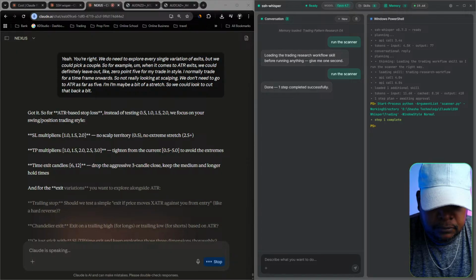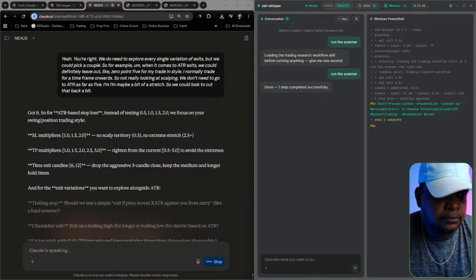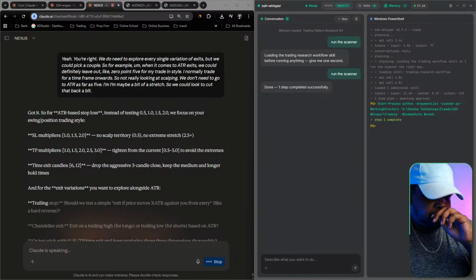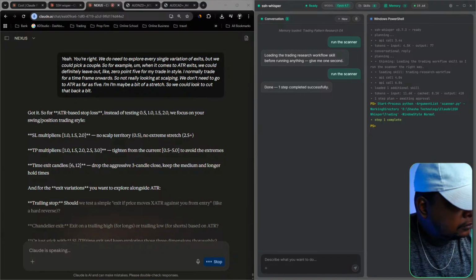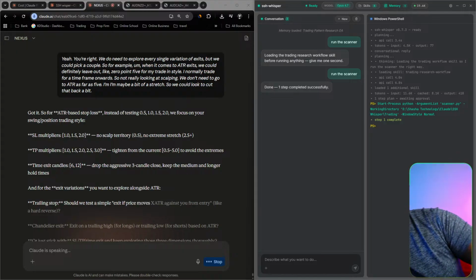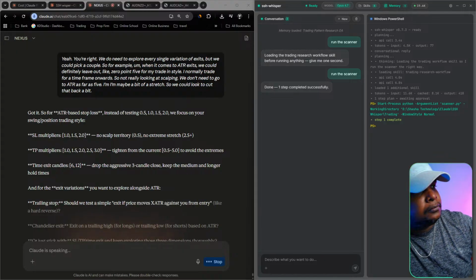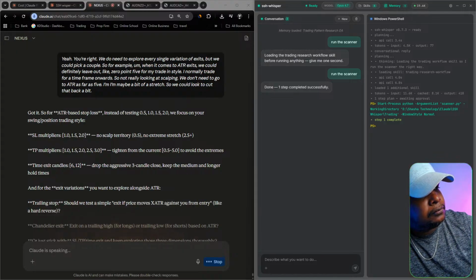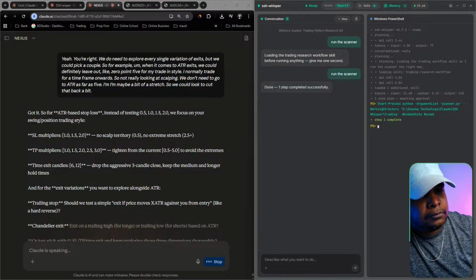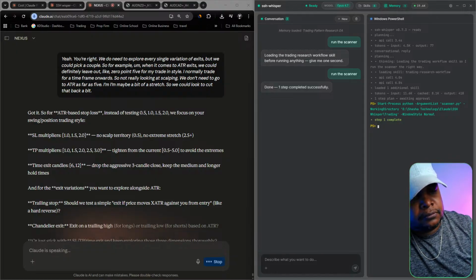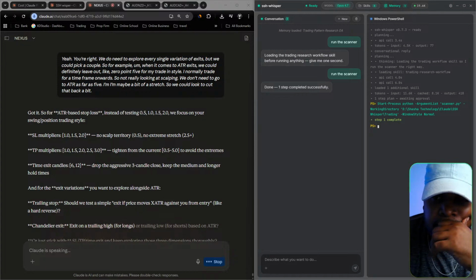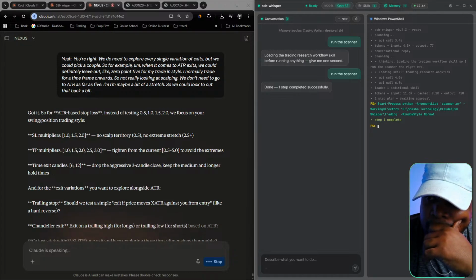And for the other exit variations you want to explore alongside ATR: Trailing stop. Should we test a simple exit if price moves X ATR against you from entry, like a hard reverse? Chandelier exit. Exit on a trailing high for longs, or trailing low for shorts, based on ATR.